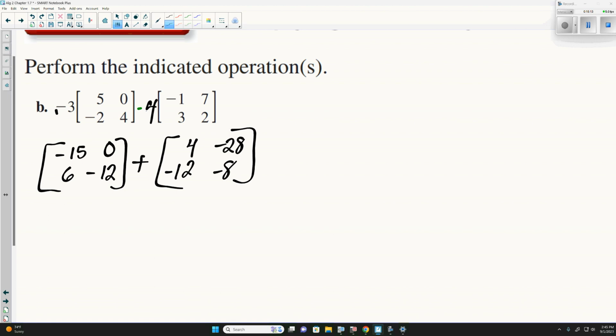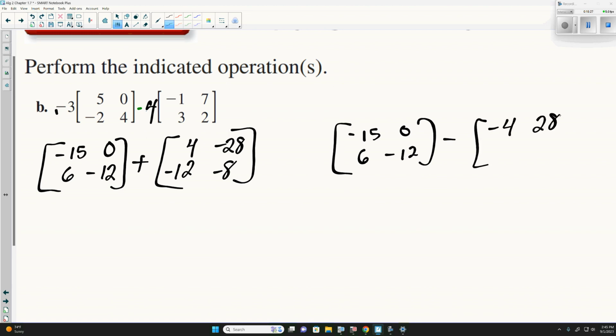I'll rewrite it out here. Negative 15, 0, 6, negative 12, minus, because what we originally had was negative 4, 28, 12, 8.